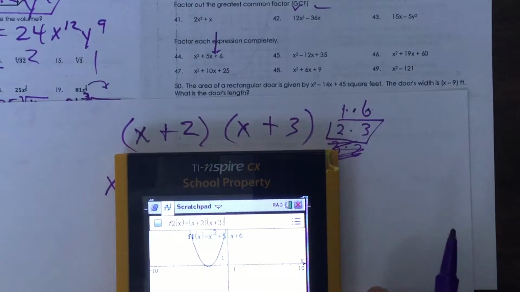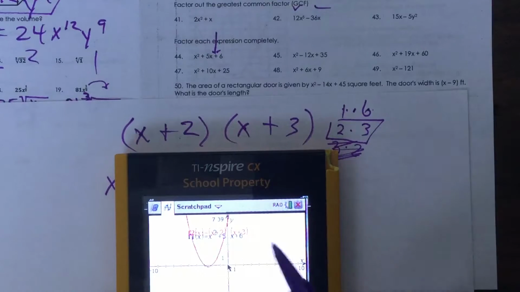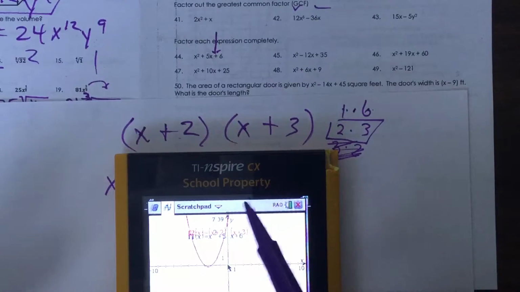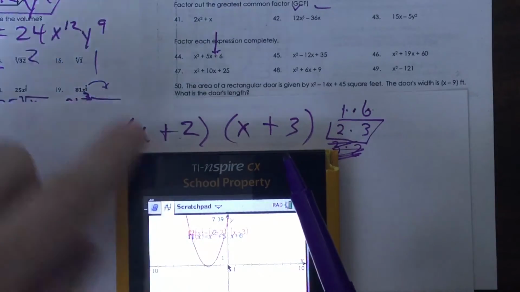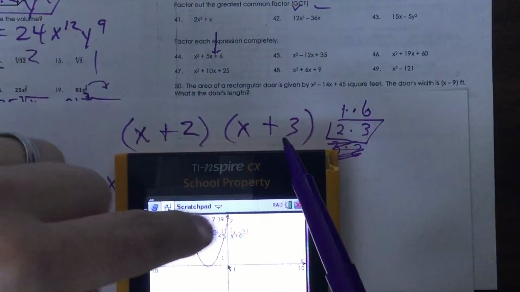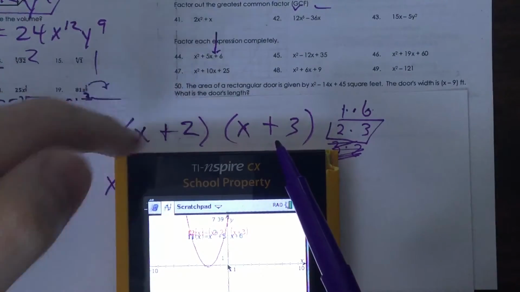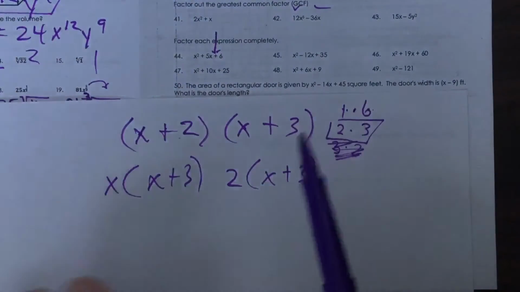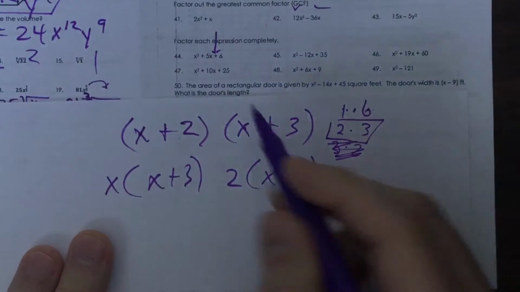Hit enter. Look, it's the exact same parabola. So, say you're stuck on one of these questions or you're not sure, go through your multiple choice answers. The one that has the exact same graph, when you put it in, that's the right answer. All right? So that's the answer to number 44.